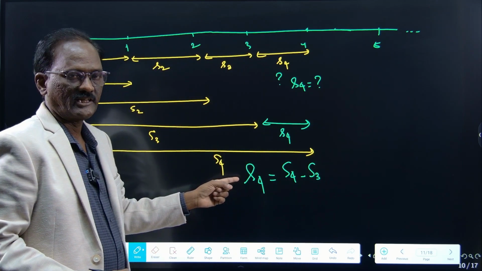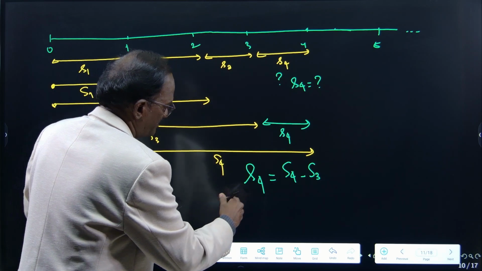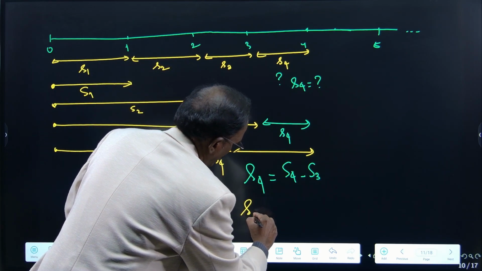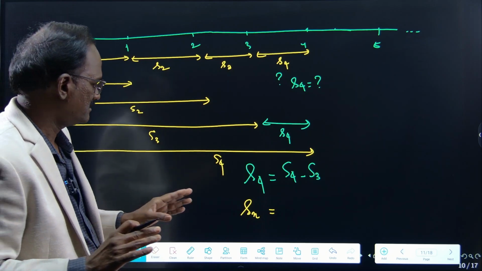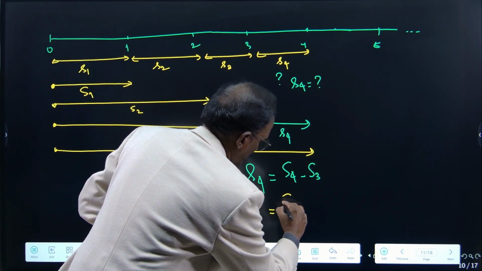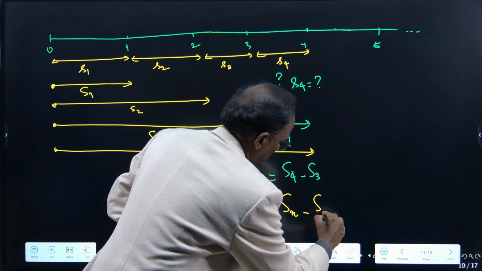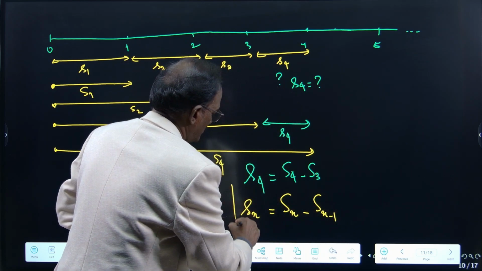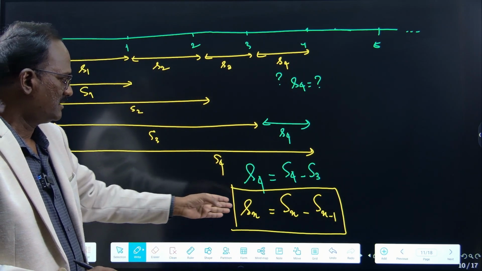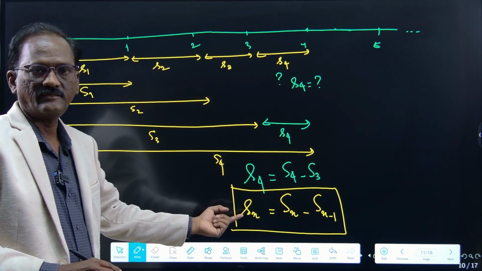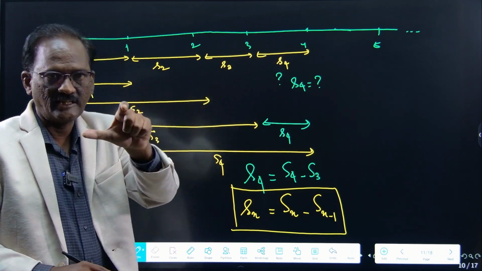So this is lowercase letter, these are uppercase letters. Instead of 4, let me write n to make the general formula: sn equals Sn minus Sn minus 1. This is what we are going to see next. So sn, the nth interval, what is the distance traveled in the particular interval?